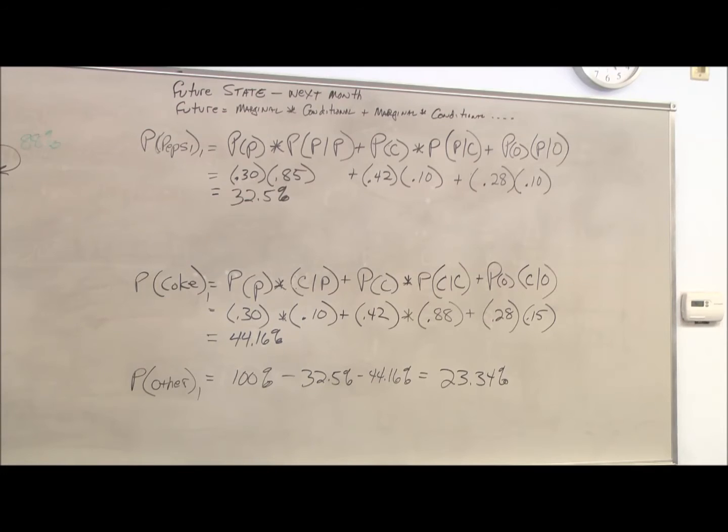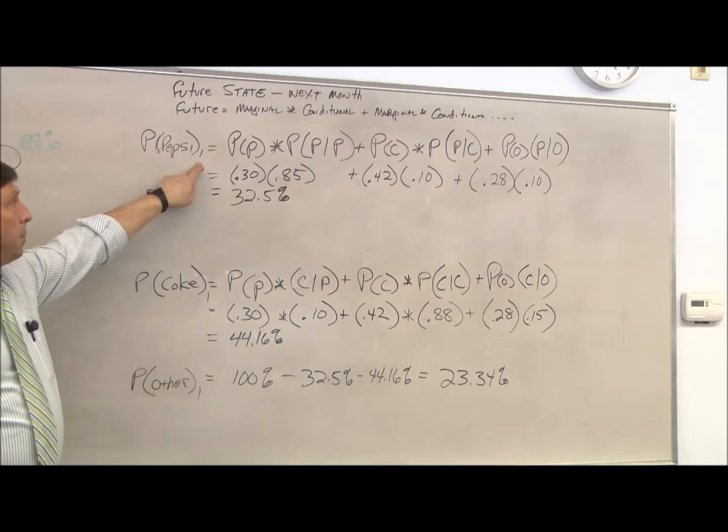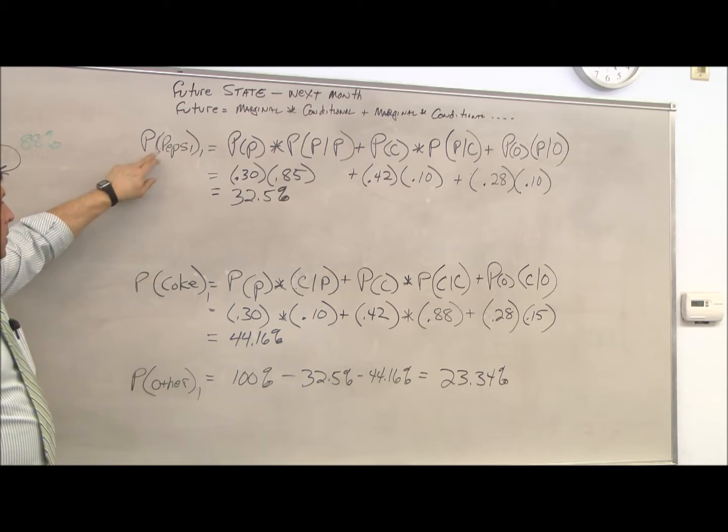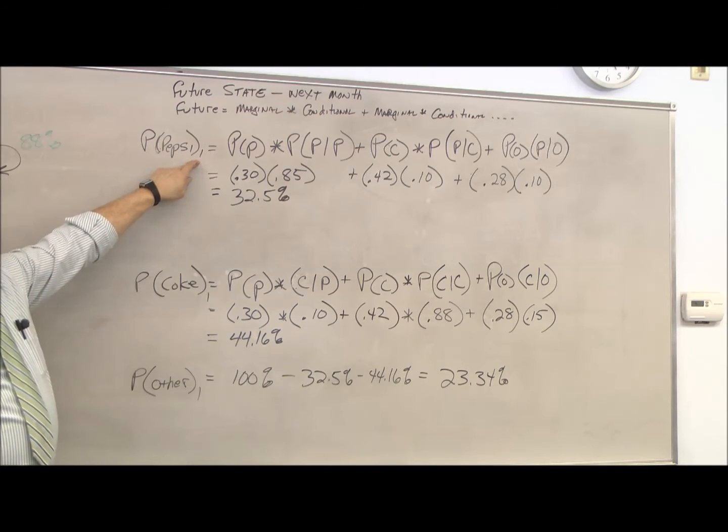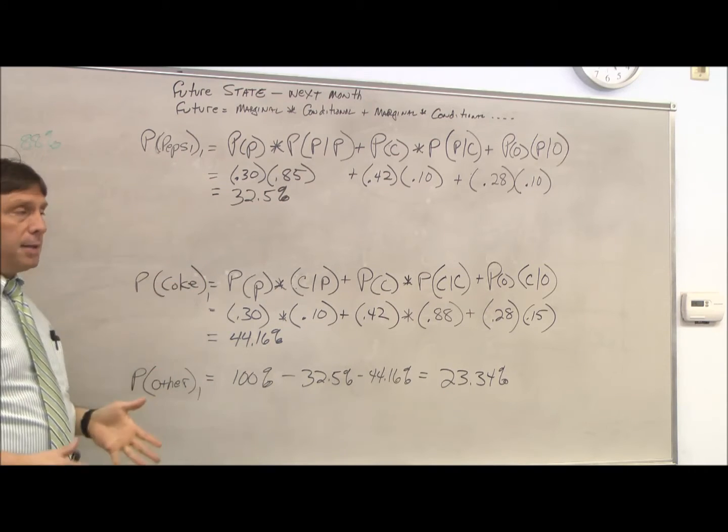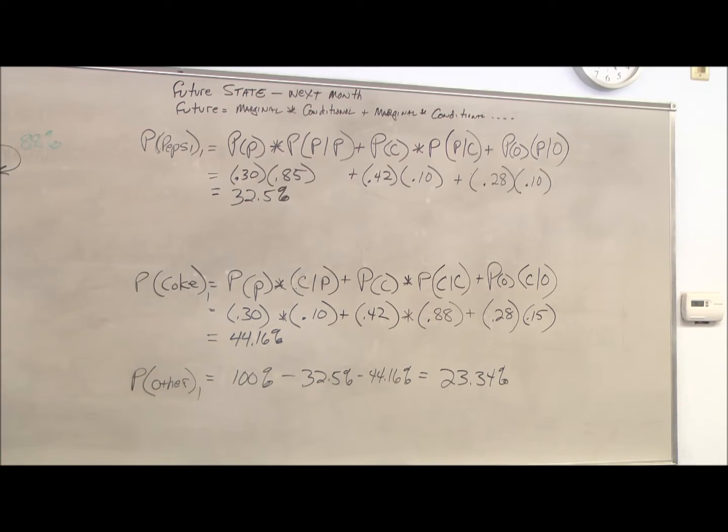All right. So now we want to find out our market share for our next state or our future state. I've indicated the next time period, which I'm calling next month, by the number 1. So what is Pepsi's market share 1 month from now based on our marginal probabilities, which is our current market share, and our conditional probabilities, which is our transitional diagram.